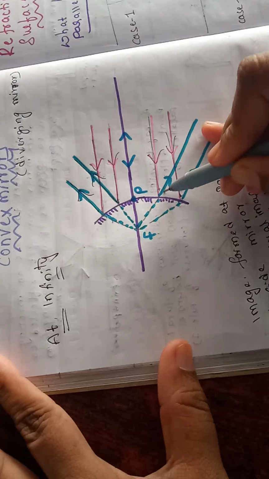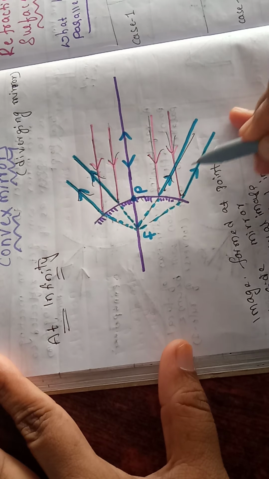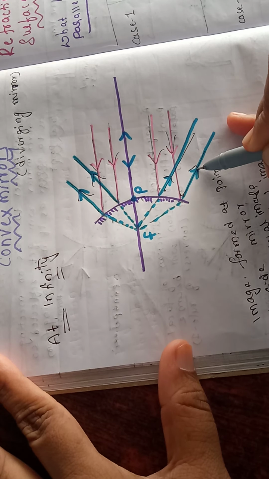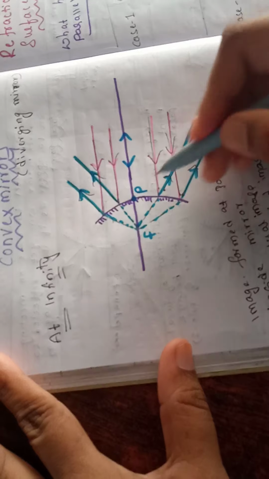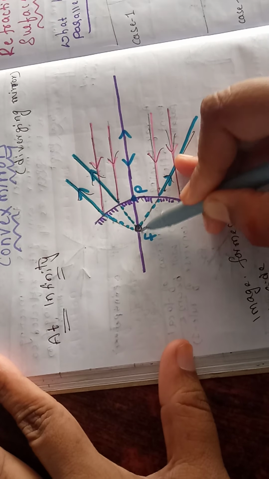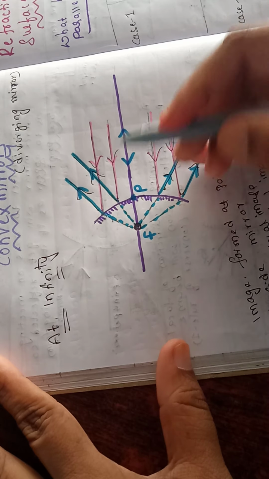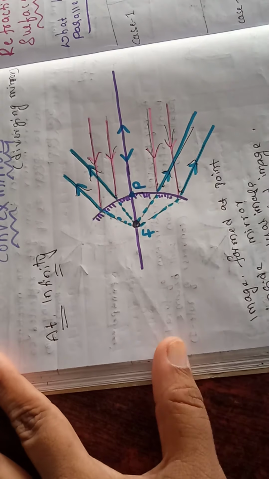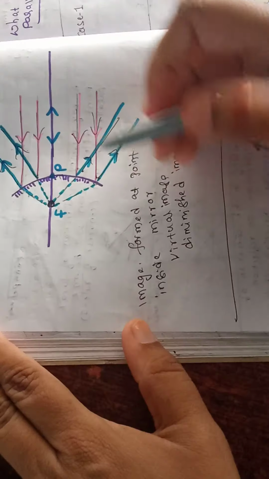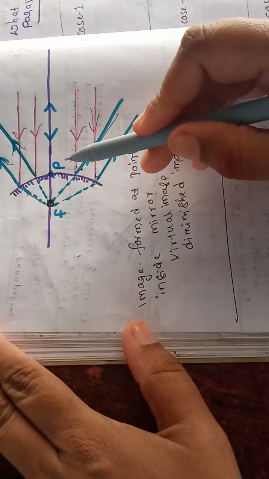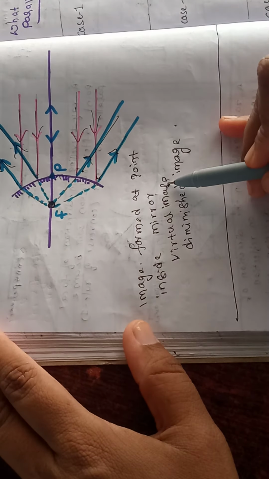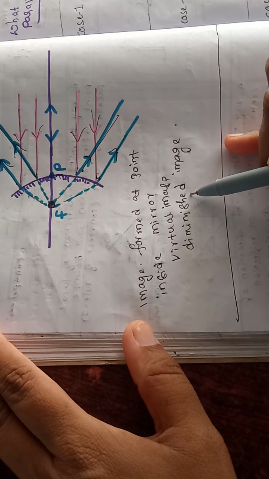After reflection, these rays are diverged in such a way, and this diverged ray appears to come from this point. Okay, so we can say that here image is formed inside the mirror. Image is formed inside the mirror, and such image is a virtual image and a diminished image.